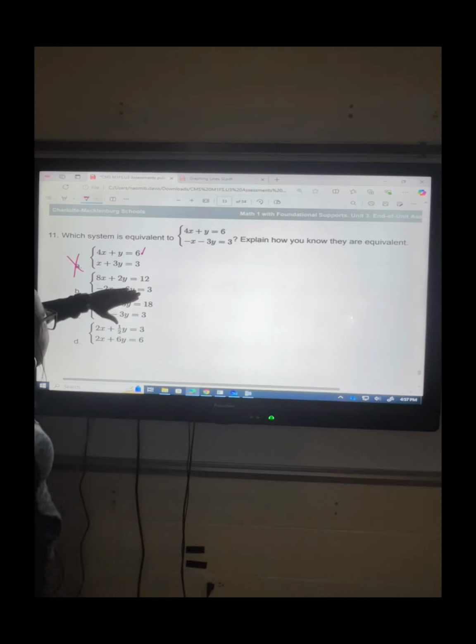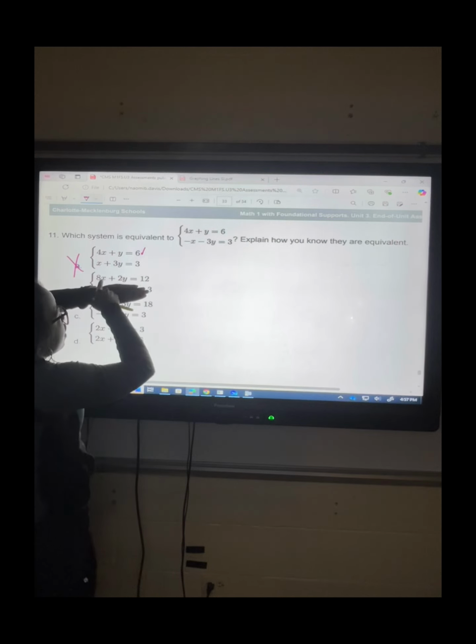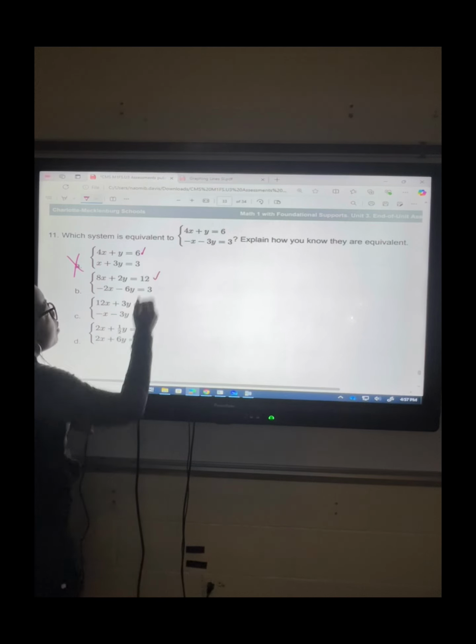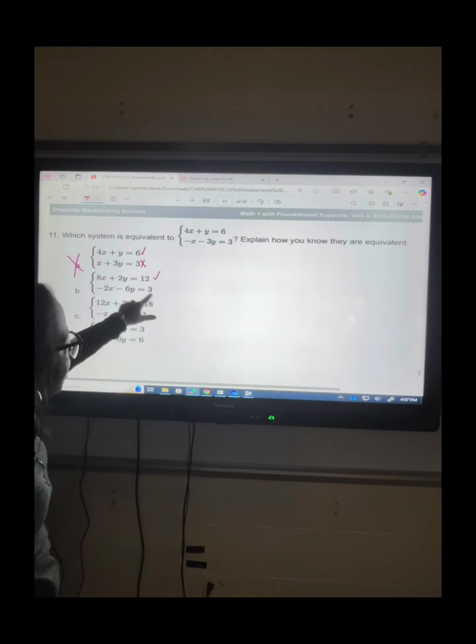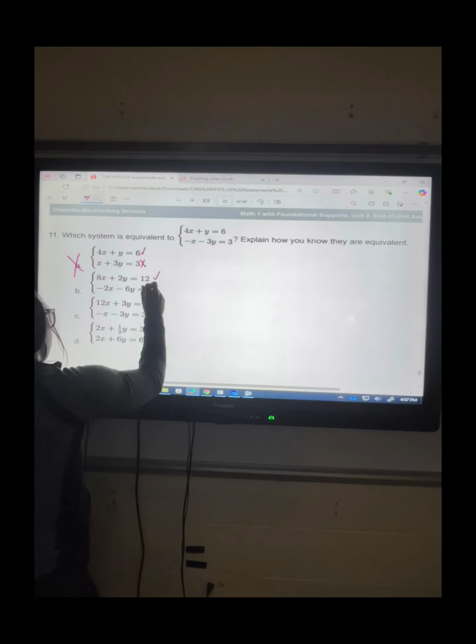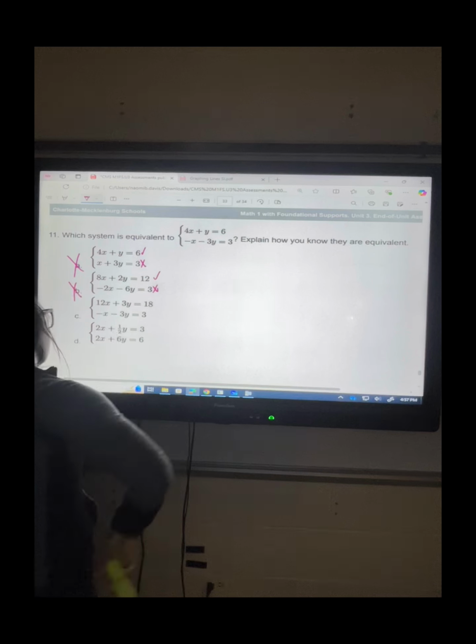So if I'm looking at my top equation, I can already tell you multiply this by 2. You multiply the whole thing by 2. All right, that works for me. That's cool. -2x minus 6y equals 3. Now just hold on. Because you changed something on the left side, but again, you did not change anything on the right side. Can't be equivalent, so it can't be my answer.